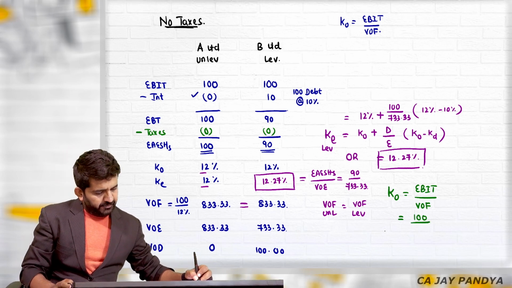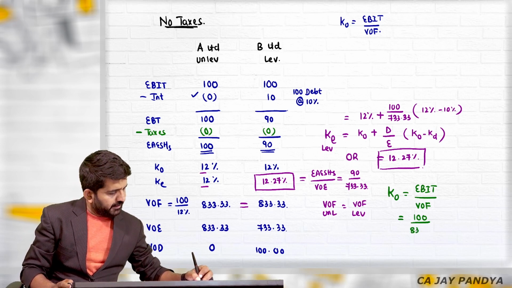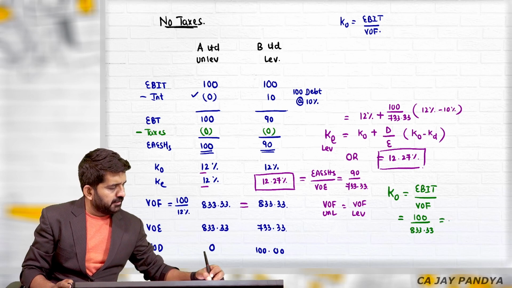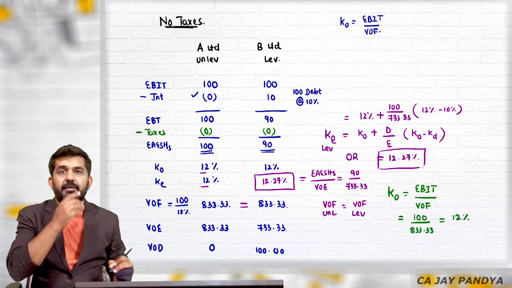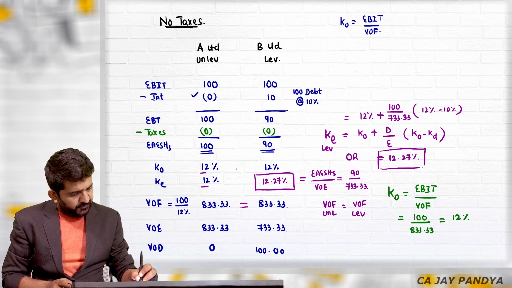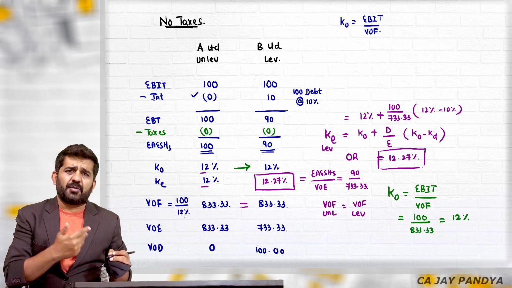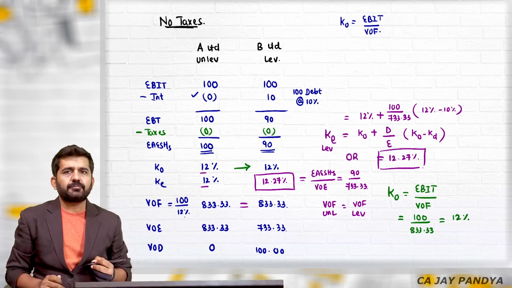Value of a firm is 833.33. Answer will be 12%. We have taken same value of same KO. That is the same reason, or you can find out KO in this manner also.